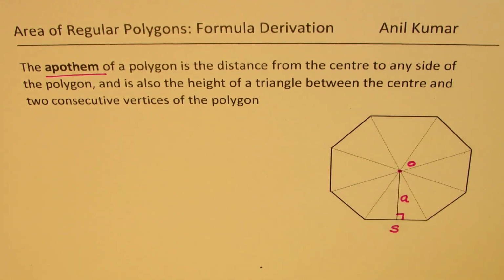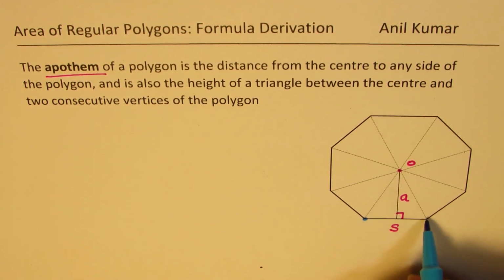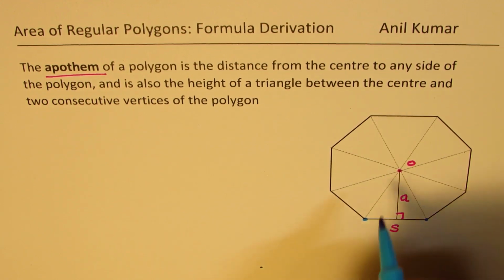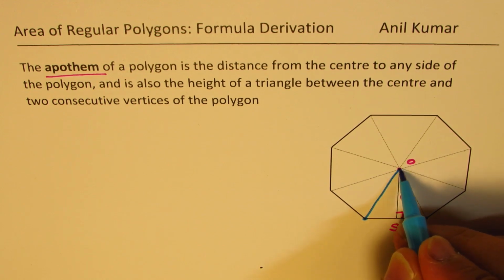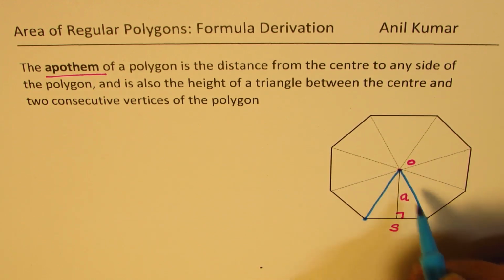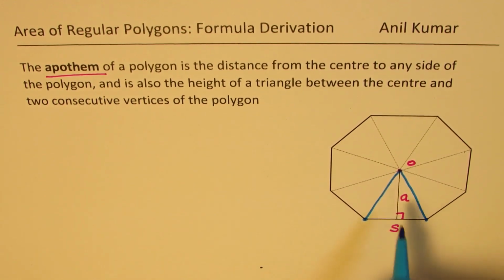So if you're looking into these two as consecutive vertices, then a triangle is formed joining the center and these two consecutive vertices. So apothem A is also the height of this triangle, right? So that is how we actually define this term.